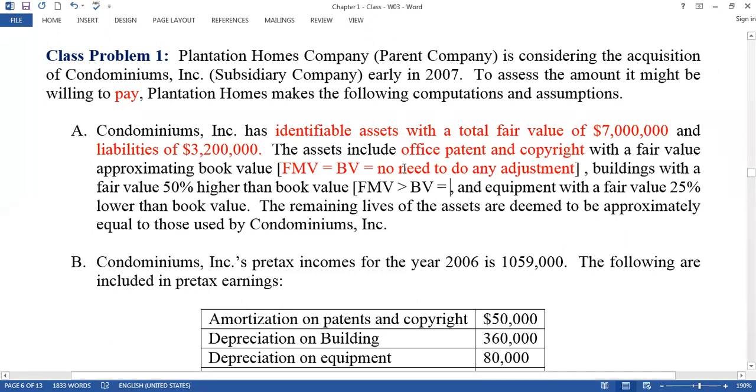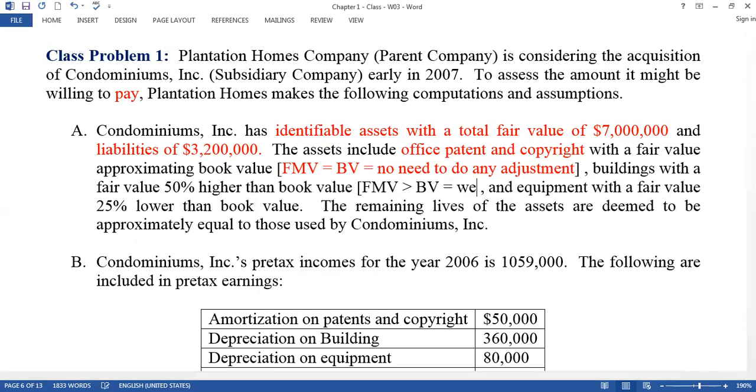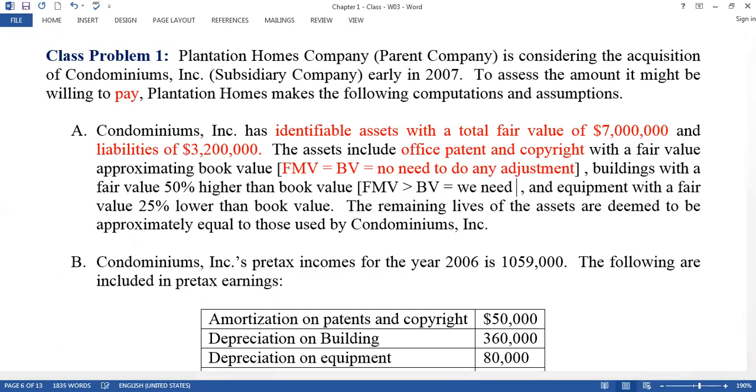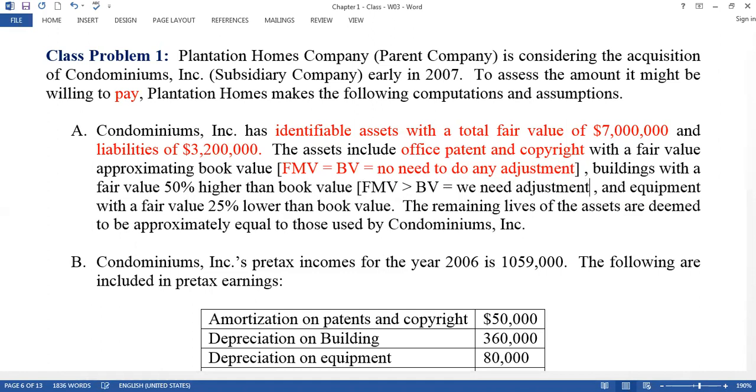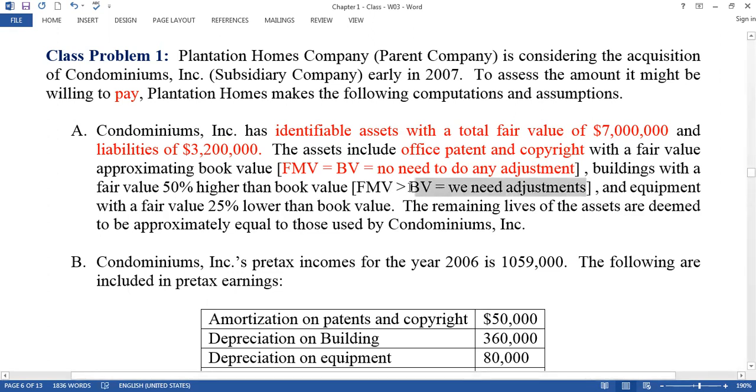So we need adjustments for this part. Why? Because the fair market value is higher. So this is one point.